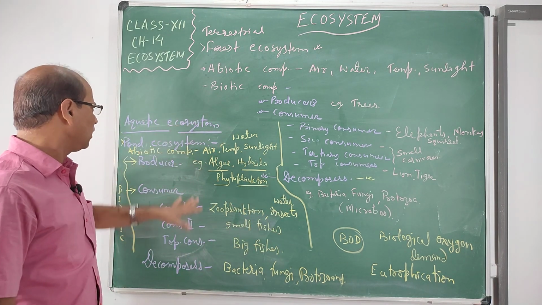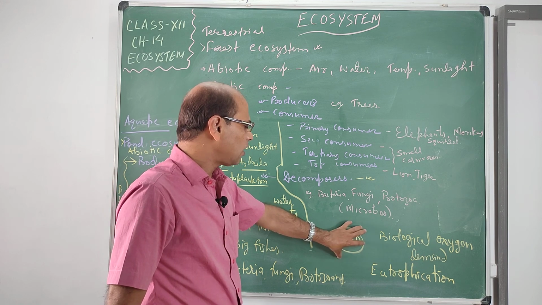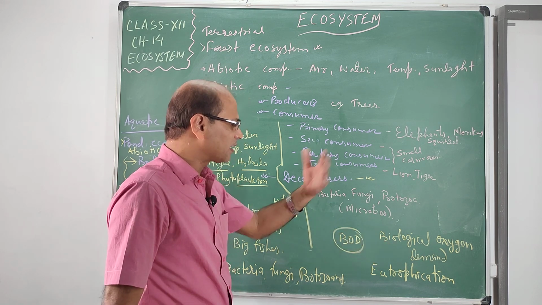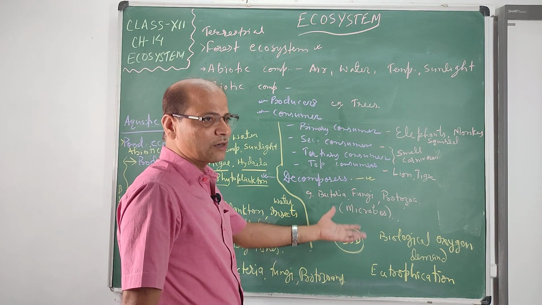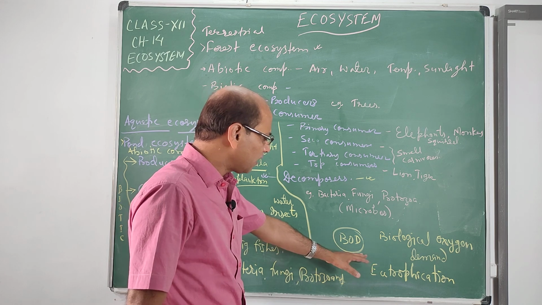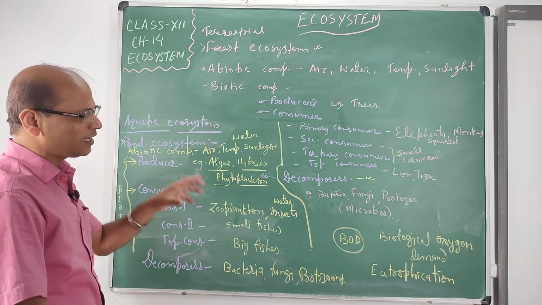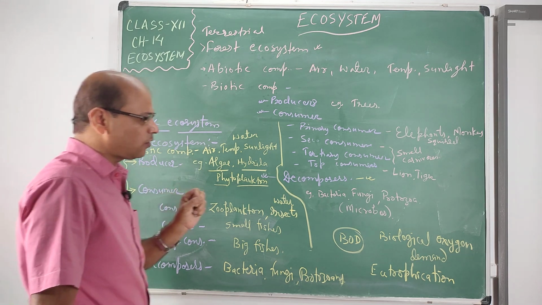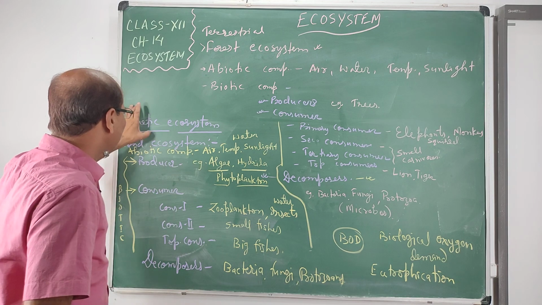And in the aquatic system, there is the demand for biological oxygen. If this oxygen demand is high, or the amount of BOD is more, then what happens? Things become worse and go out of hand, and the crucial condition occurs, that is eutrophication. Eutrophication is the sign of the death of the water bodies or the ecosystem.